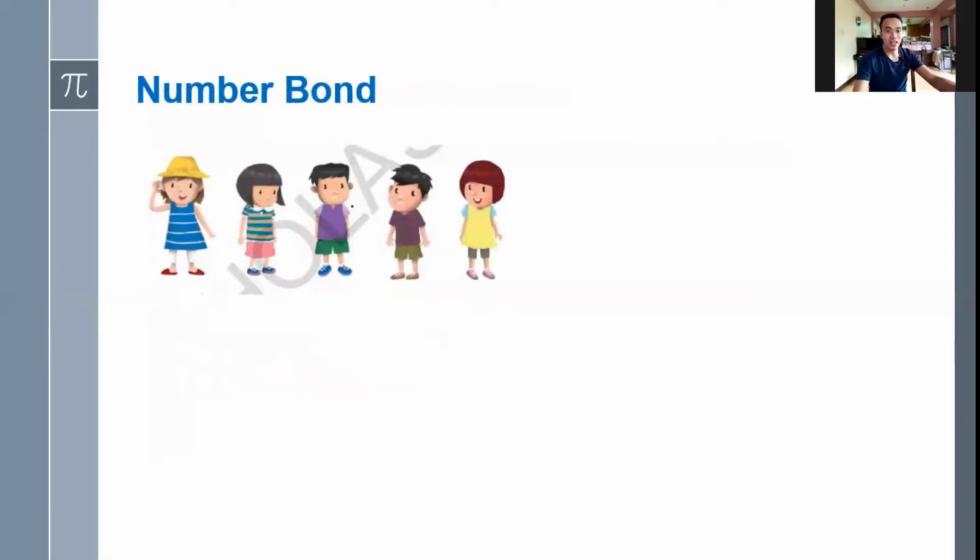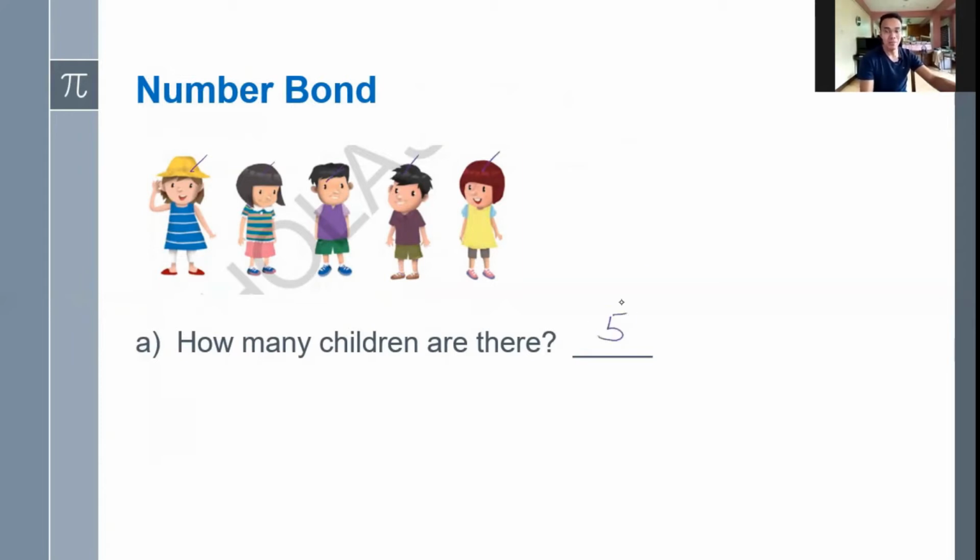Take a look at this picture. How many children are there? Let's count the number of children there are in the picture. 1, 2, 3, 4, 5. There are 5 children in the picture. How many are girls?